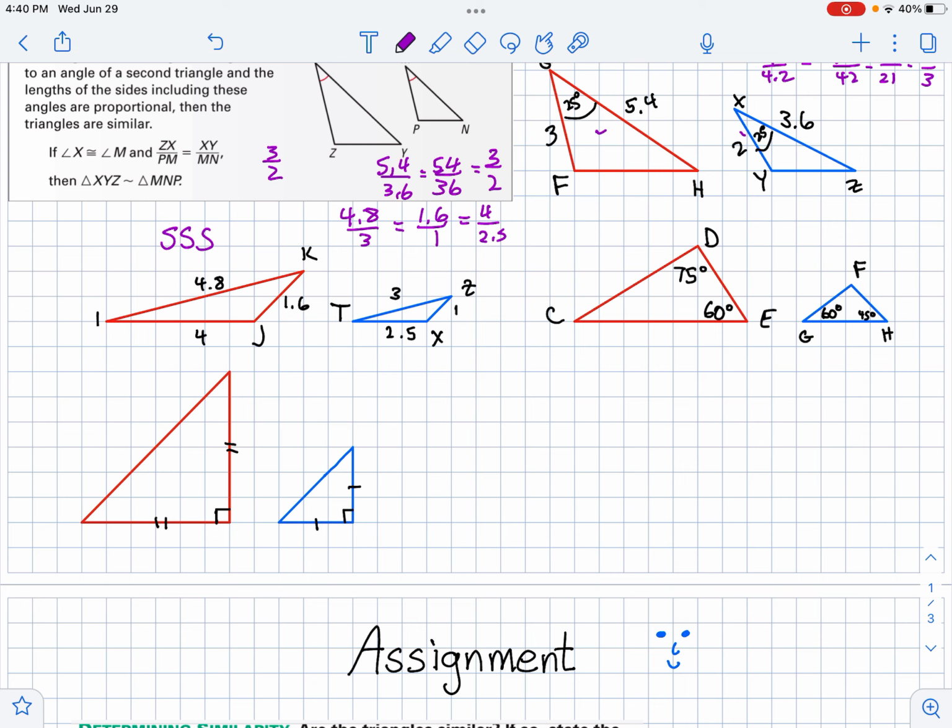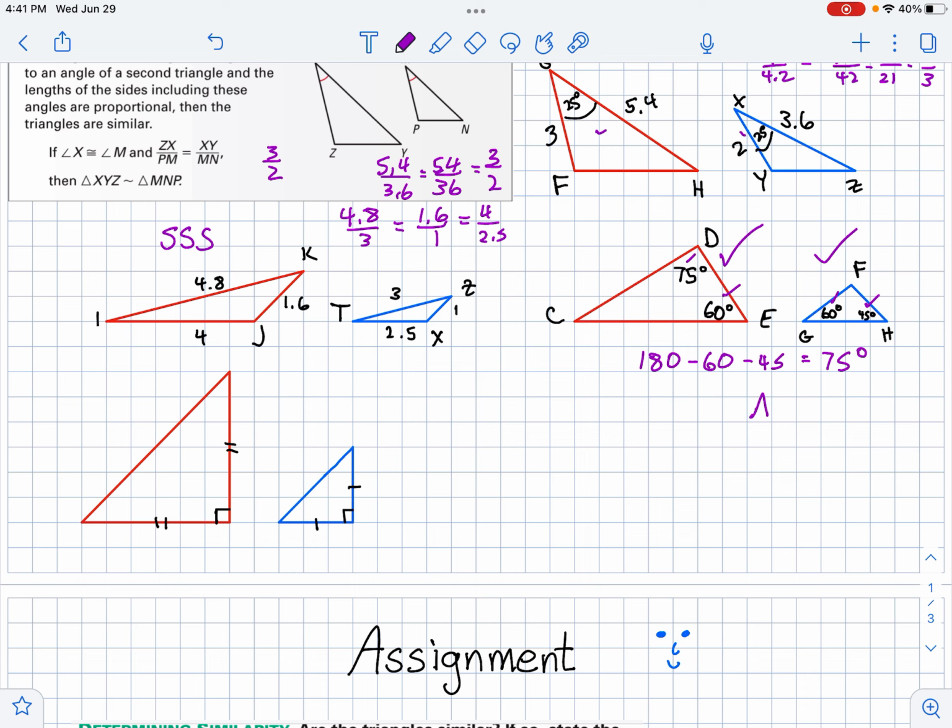Now let's look over here. Here we've got a 60-degree angle, and this is a 45 and this is a 75. But wait a minute. If I say 180 minus 60 minus 45, what do I get? I get a 75-degree angle there. So that means in this triangle and this triangle, we have 2 angles.